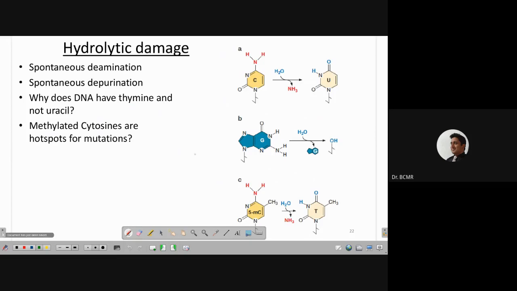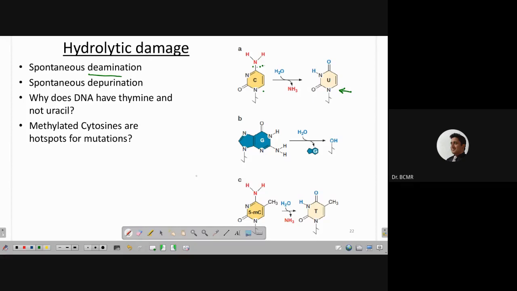So the first thing is hydrolytic damage. It can happen, as I said, a base can be lost or a group can be lost. Spontaneous deamination. Say, for example, cytosine: the amino group is lost, and an oxygen atom is added here. Deamination of cytosine results in uracil, which is an abnormal base within the DNA, right?